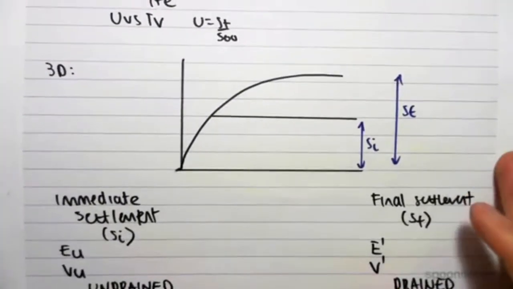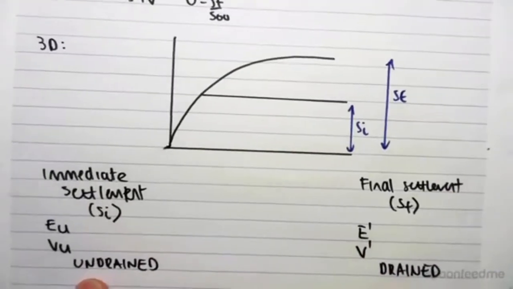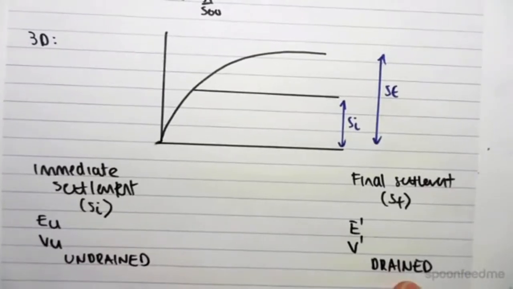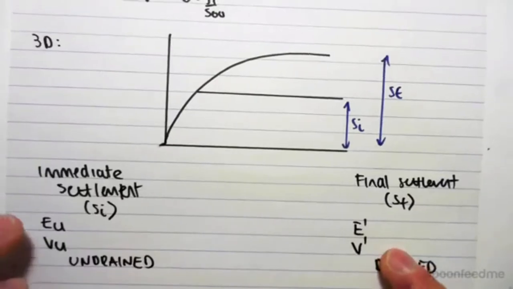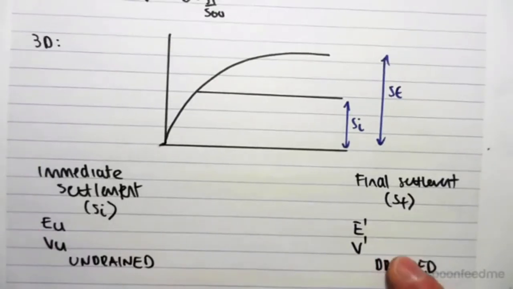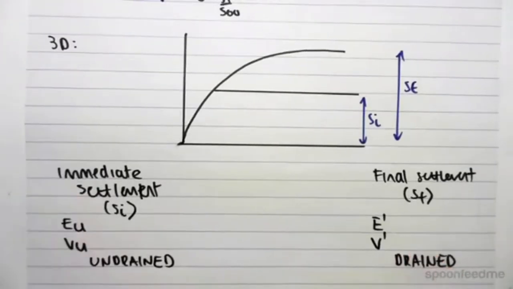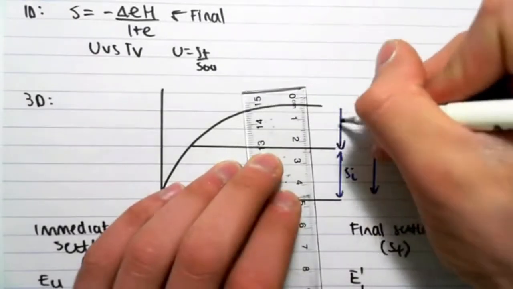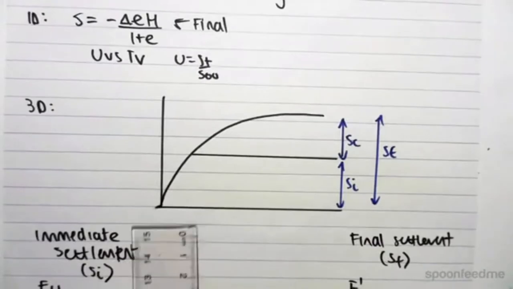Because immediately it's undrained because the pore water pressures can't escape, the excess pore water pressures can't escape, and in the long-term future the sample will eventually become drained, which will be the final settlement where we use E dash and V dash, which was effective modulus of elasticity and effective Poisson's ratio, compared to EU and VU for the immediate settlement. Now we're going to call this portion S subscript C, which is the consolidation settlement.